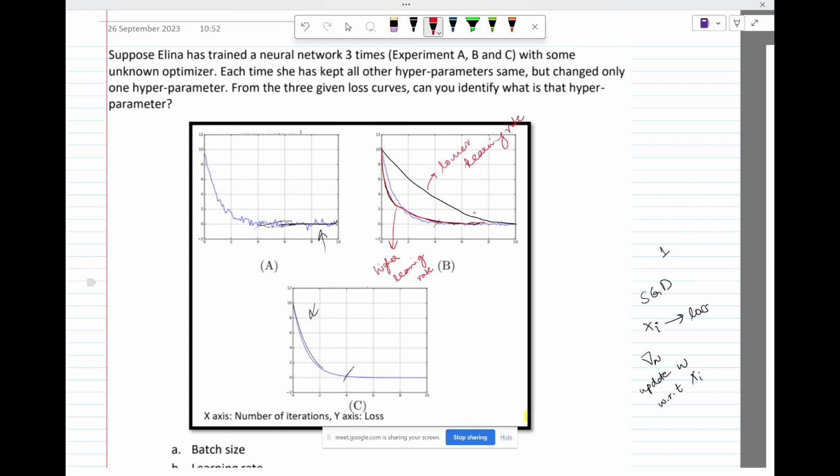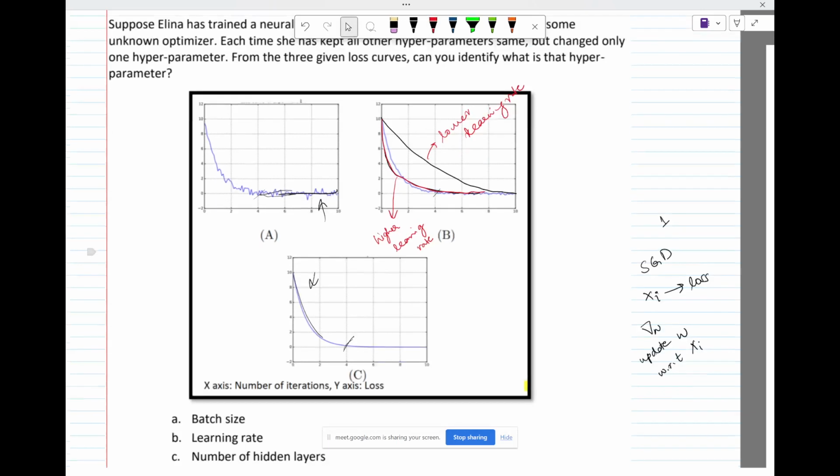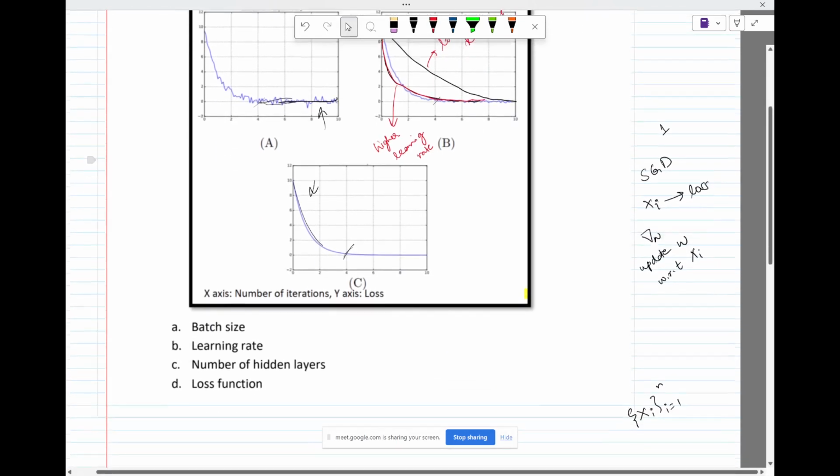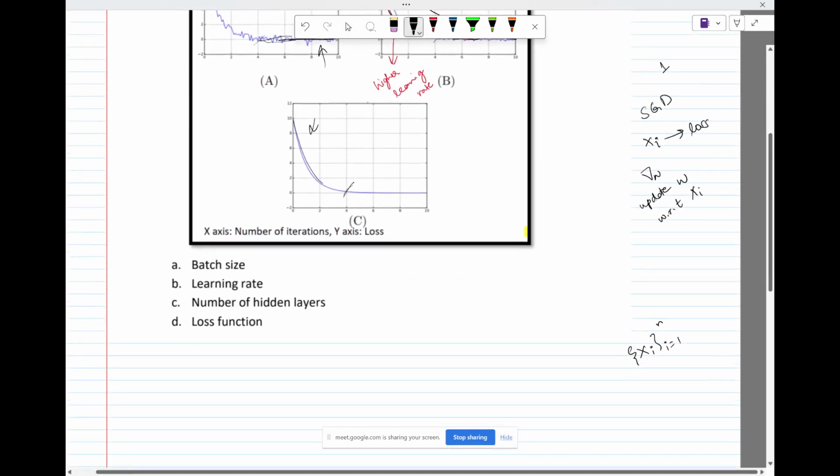So the time to converge will change if you change the learning rate. But in these cases, what we see is that it converges almost around the same iteration, that is at 4. So we can discard the learning rate option.